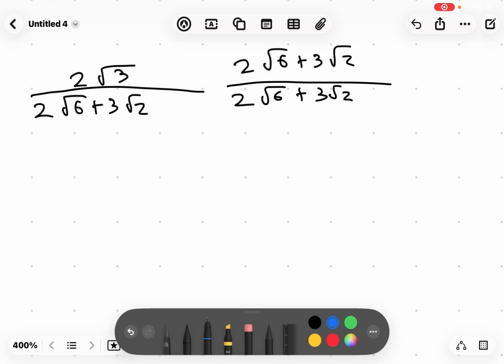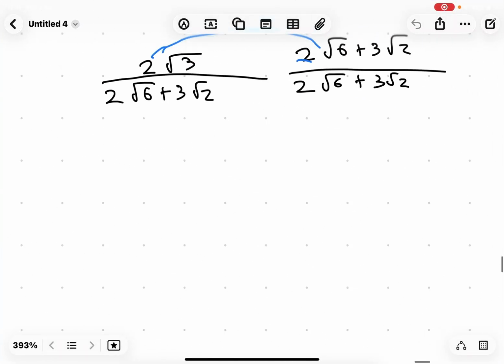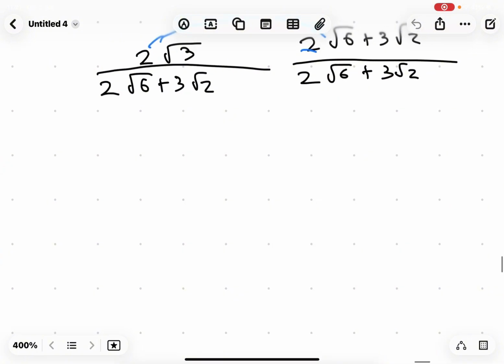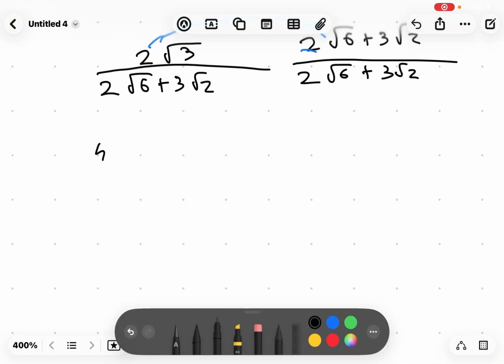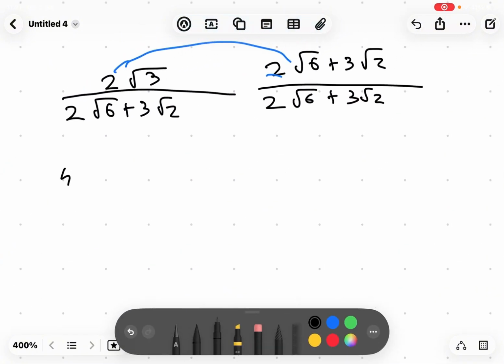So this times this, 2 times 2 is 4, then square root 3 times square root is square root 18, then times this plus 6 because these two, and then times 6.